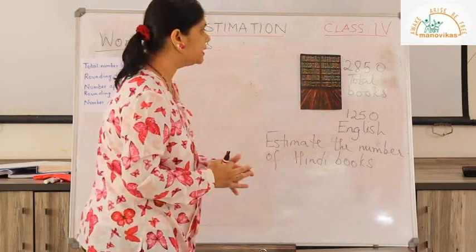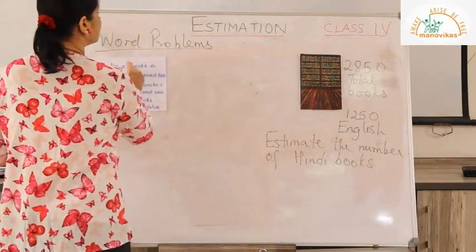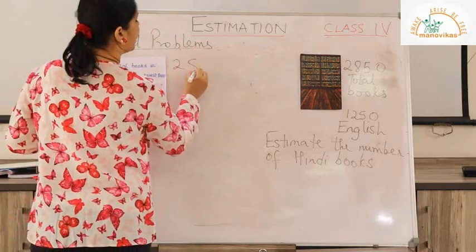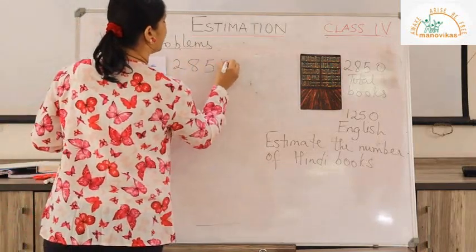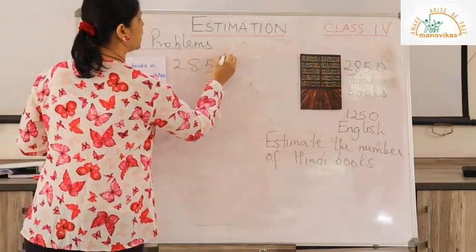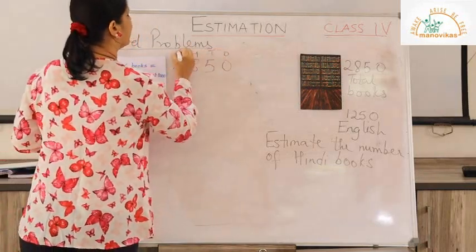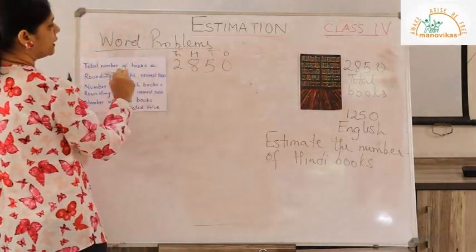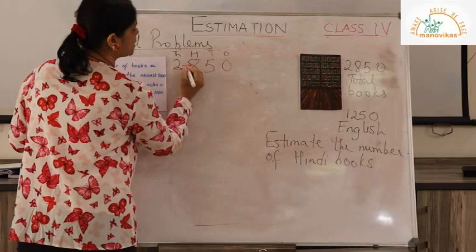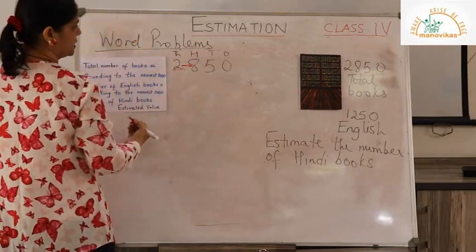So first, let us write it down. What is the total number of books given to you, children? It is 2,850, correct? Now, round this number to the nearest thousand again. So underline the digit in the thousands place and look at the next digit in the hundreds place.